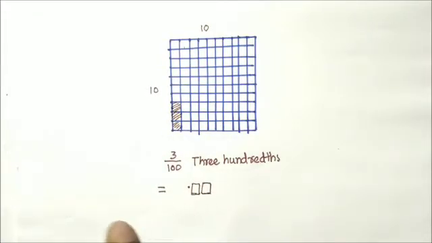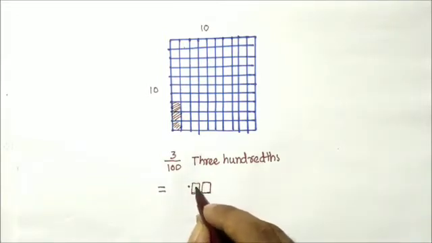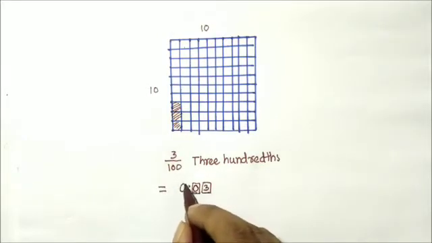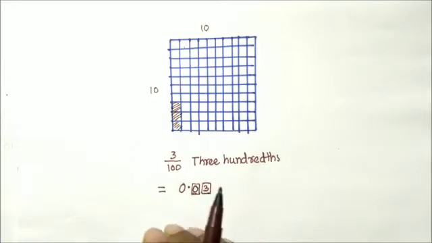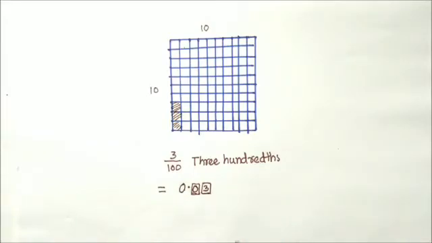After the point we will have 2 digits, so we can write 0 here and 3 here. I told you that after the point we must keep 2 digits. So I have written 0.03.